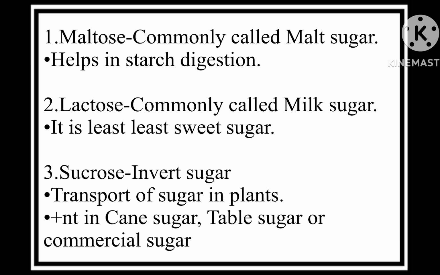Sucrose is also known as invert sugar. Examples are cane sugar, table sugar or commercial sugar, the same. But cane sugar, table sugar and commercial sugar are pure sucrose, not natural invert sugar. First you need to break down the table sugar or commercial sugar into glucose and fructose units, then it will become invert sugar.